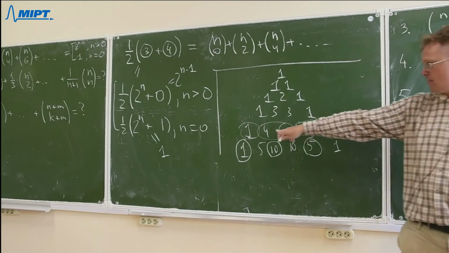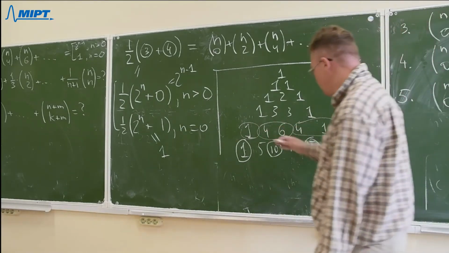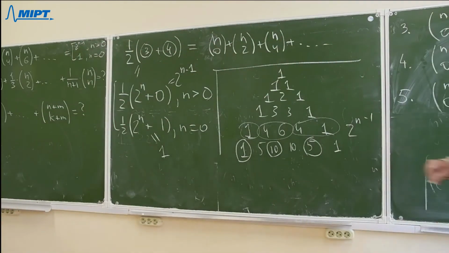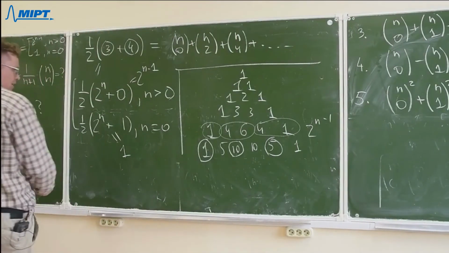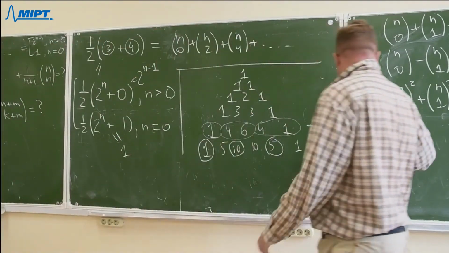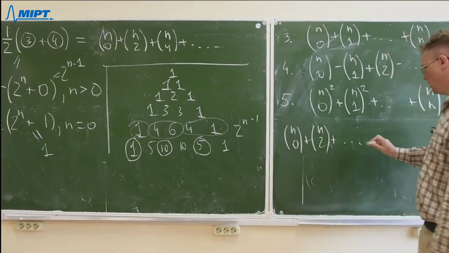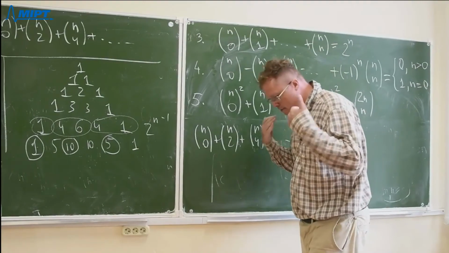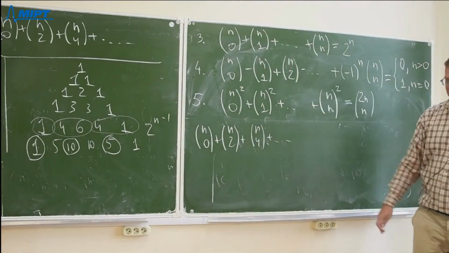And so this is just the sum of all binomial coefficients in the previous row. And this is of course equal to 2 to the power n minus 1 by the third identity. And so this is the actual proof, because I can just write the sum and use the main identity of the Pascal triangle.